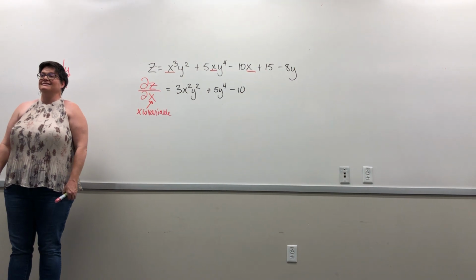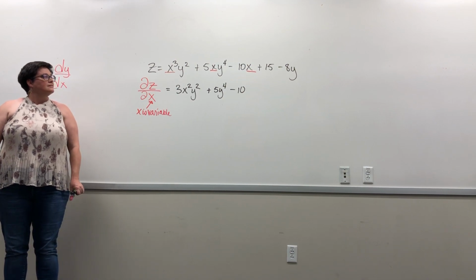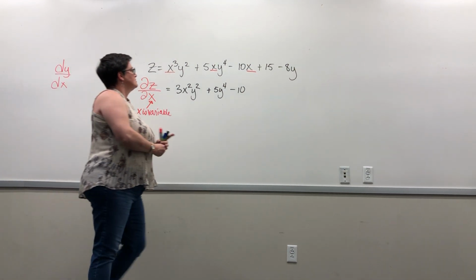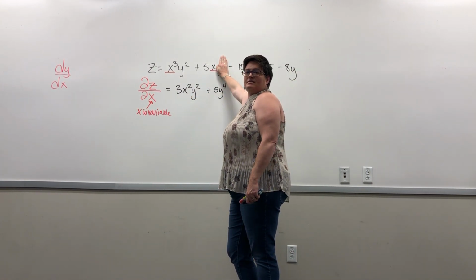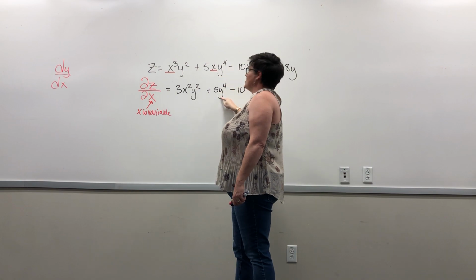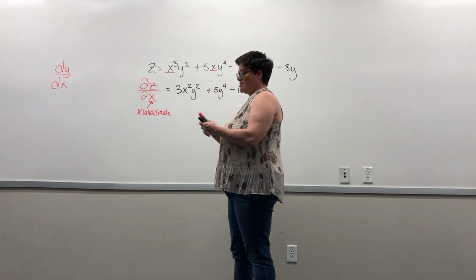That's right. Can you explain why 5x y to the 4th just becomes 5y to the 4th? What's the derivative of 5x? 5. And the y to the 4th comes along for the ride. Blaine, you got it.